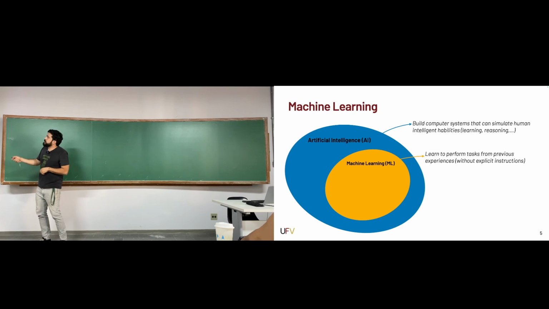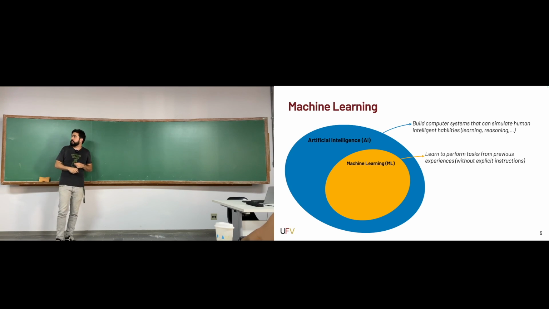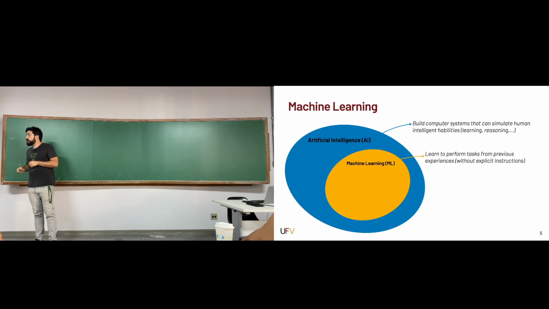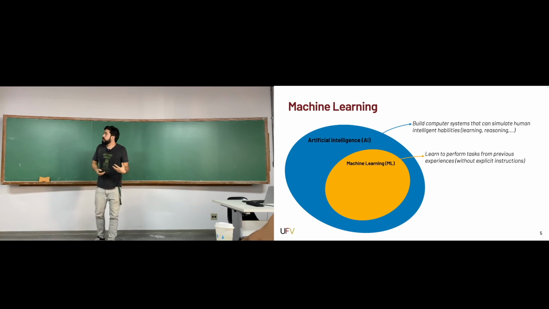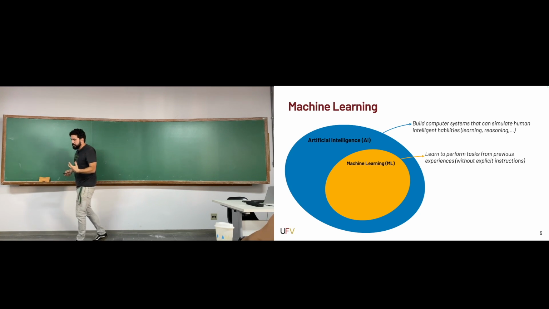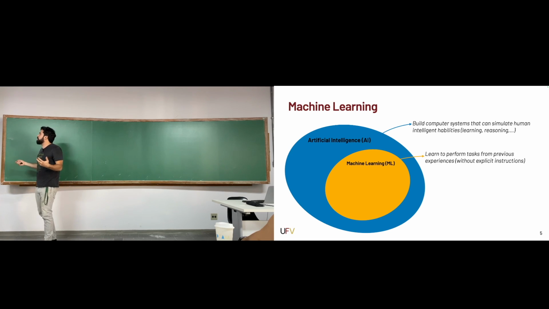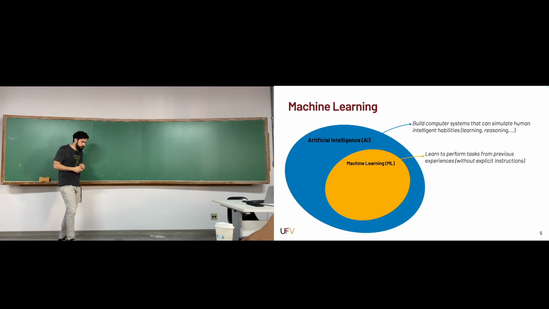And then within the field of AI, there is a subfield called machine learning, where we are interested in learning to perform tasks from previous experiences. In other words, we are interested in creating computer programs that can perform tasks or solve computational problems without being explicitly programmed to do so.